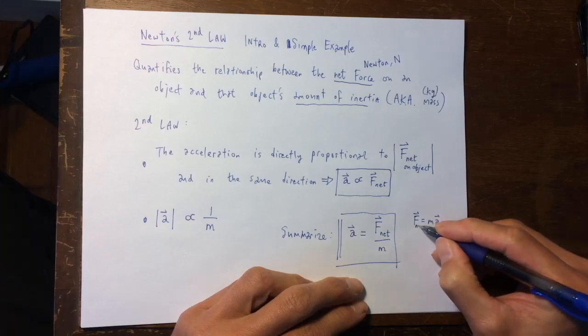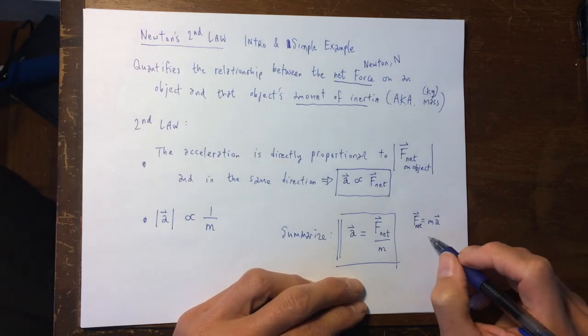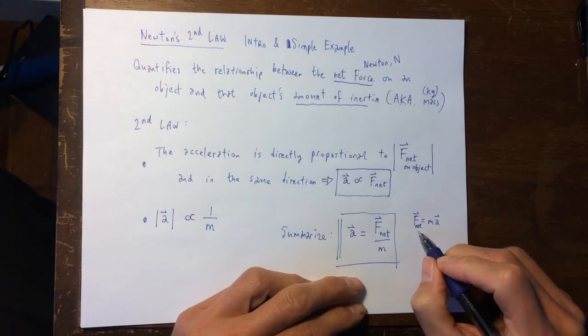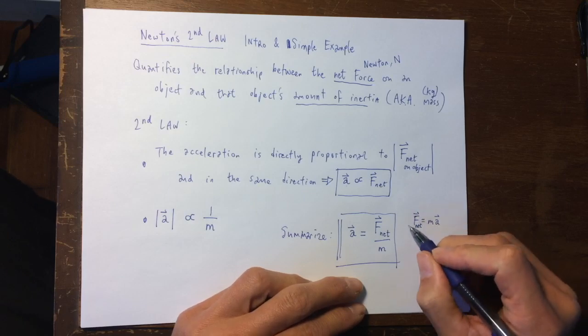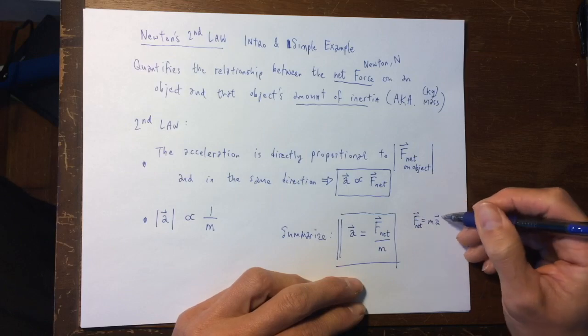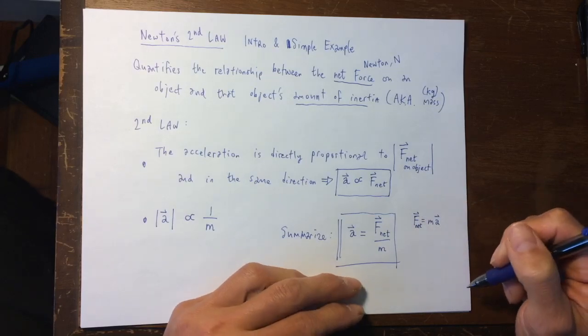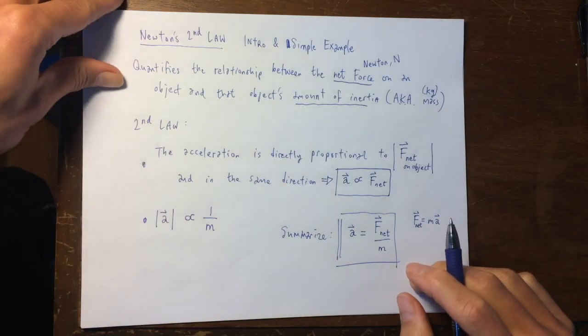It really is the net force on the object. People say F equals ma, but that's not quite correct. I think it's better to put the little net. It's about the sum of all of the forces that act on the object. That sum dictates what the acceleration of that object is going to be, not just any particular force.